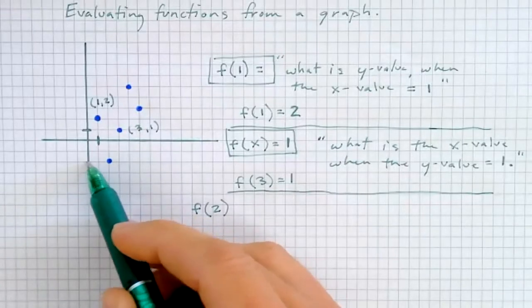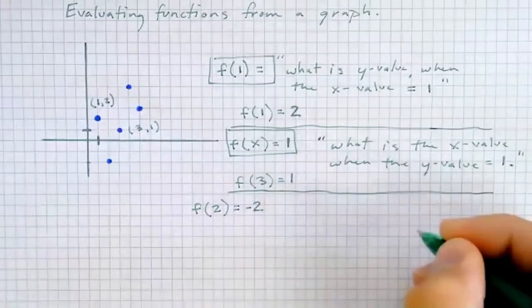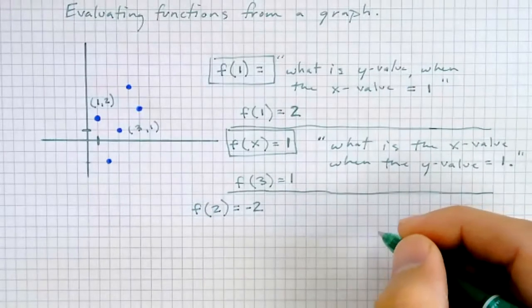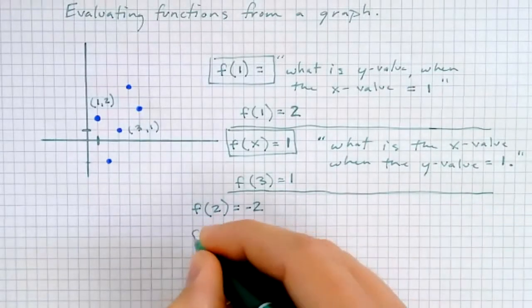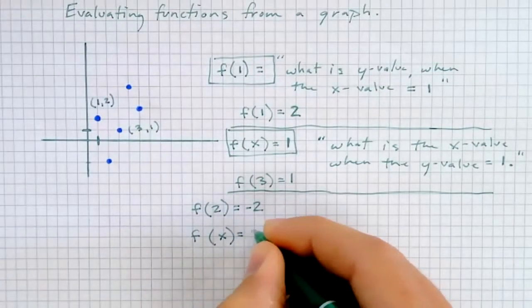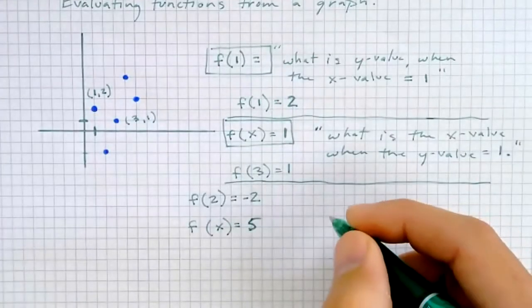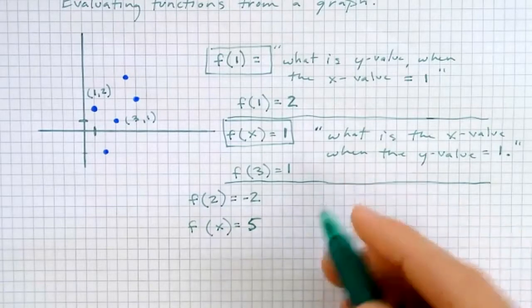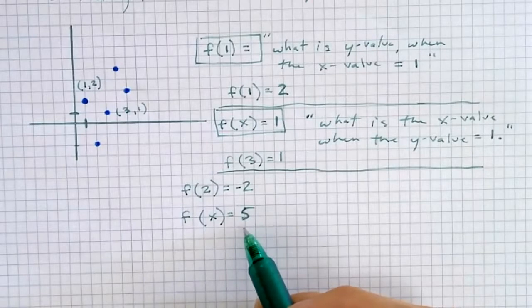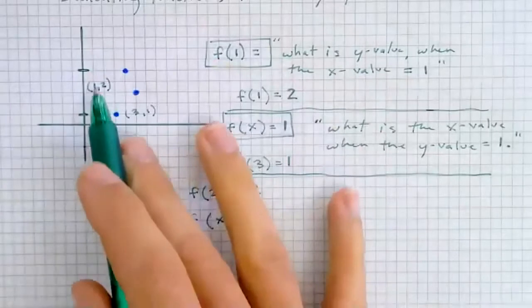It has a y value of -2. f of x equals 5, okay? Giving you the output, they're giving you the y value right there of 5.